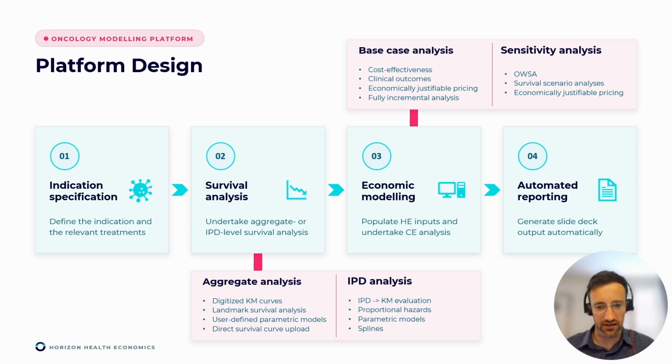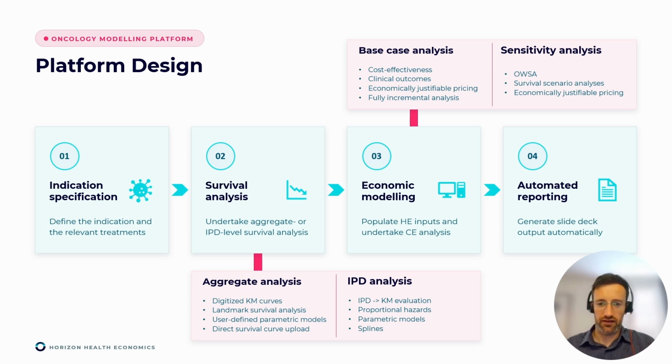For aggregate analysis, we can look at digitized Kaplan-Meier curves, landmark survival analysis, user-defined parametric models, and direct survival curve uploads. For the individual patient level data analysis, we can upload IPD, evaluate Kaplan-Meiers, and look at proportional hazards models, parametric models, semi-parametric models, splines, mixed cure models, etc., all based on the NICE DSU guidelines.